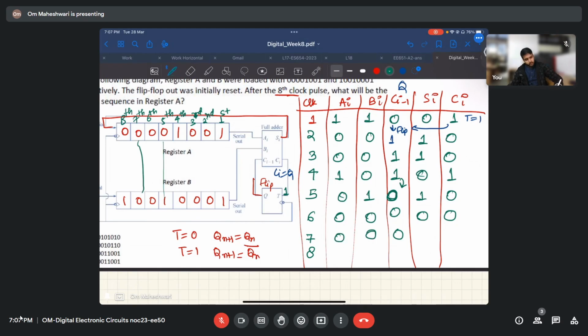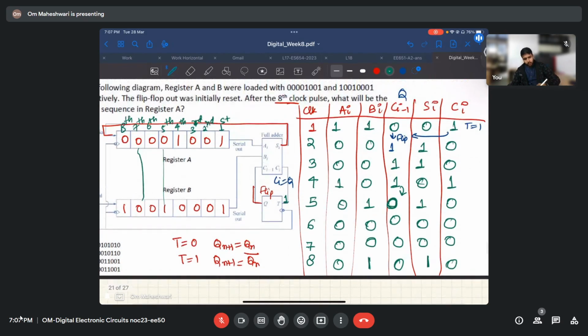Sum is 0, carry is also 0. Since this carry is 0, it will not flip, it will be 0 again. Now it is 0 and 1, and sum is 1. Carry is 0. Okay.